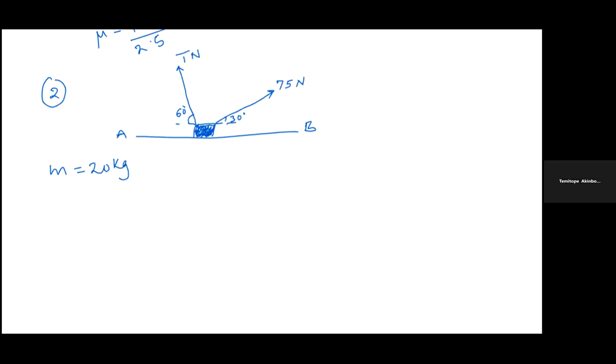The block is in equilibrium on a horizontal surface AB with the strings taut.